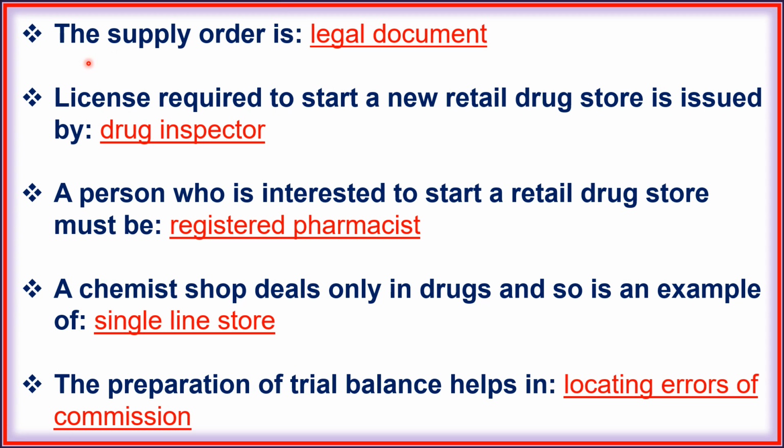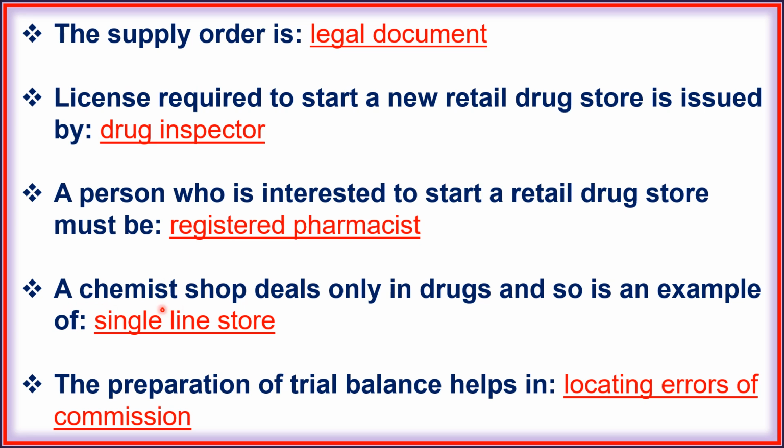Next, the supply order is a legal document. Next, license required to start a new retail drug store is issued by drug inspector. Next, a person who is interested to start a retail drug store must be a registered pharmacist.